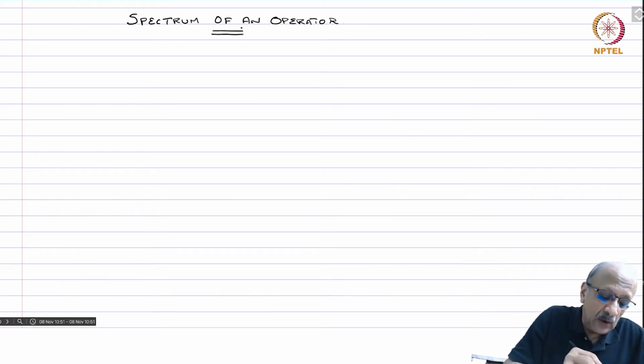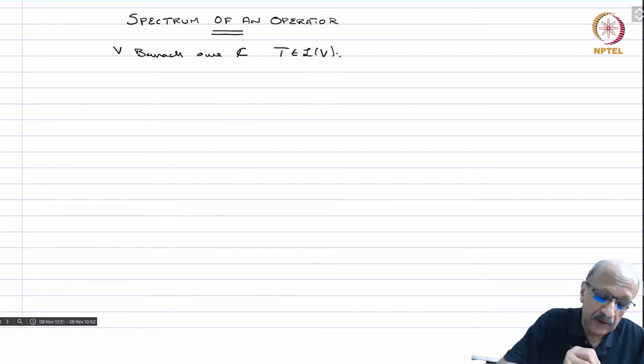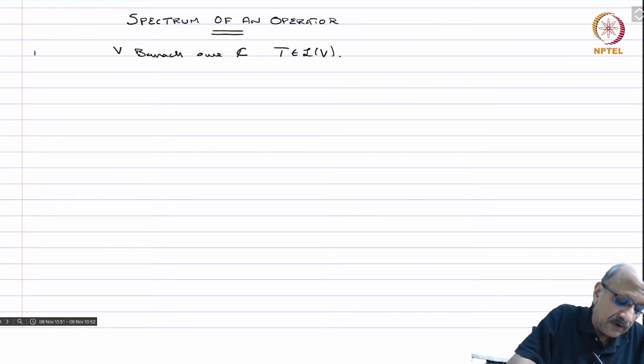So we will briefly go back to Banach spaces, and now we will work with the complex field as the base. So V is a Banach space over C, and T belongs to L(V), so it's a continuous linear operator on V. So we have a definition.